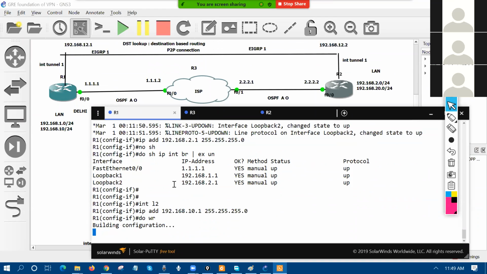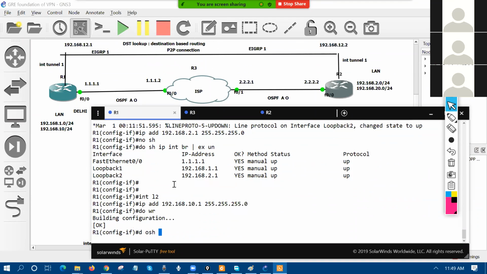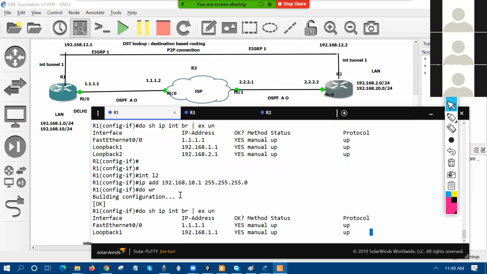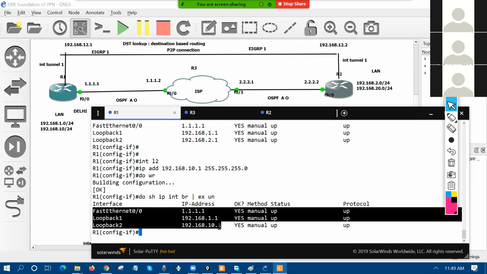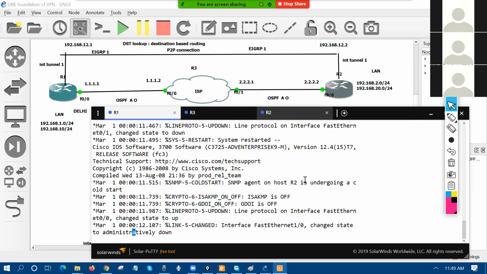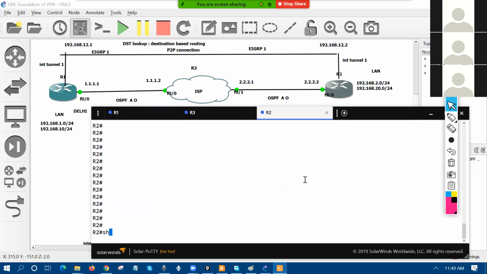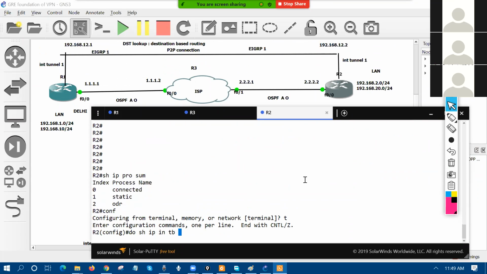All done, right? All good to go, right? Router number 2 now, this side. If I do show ip protocol summary, I don't have any protocol, I think. We don't have. Yep. So do show ip interface brief.